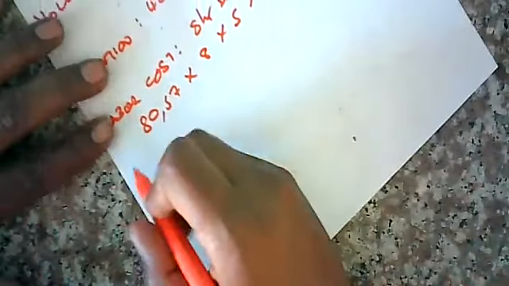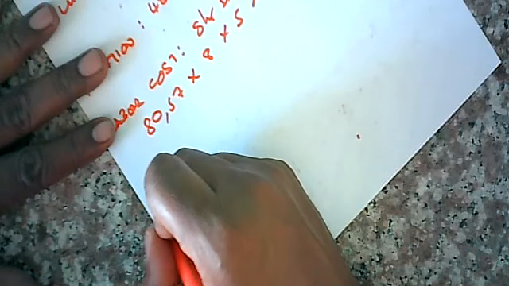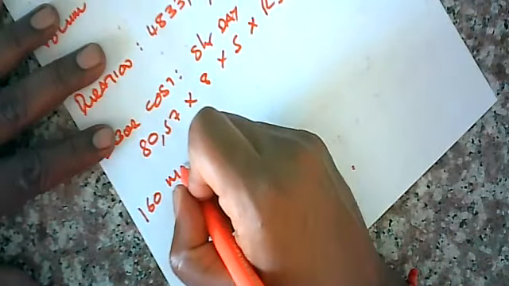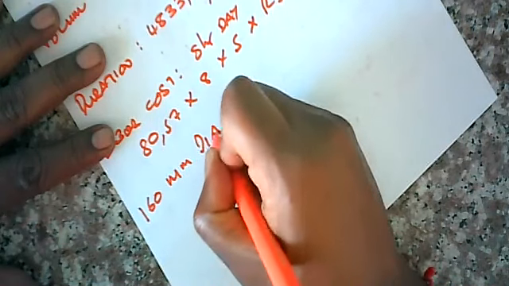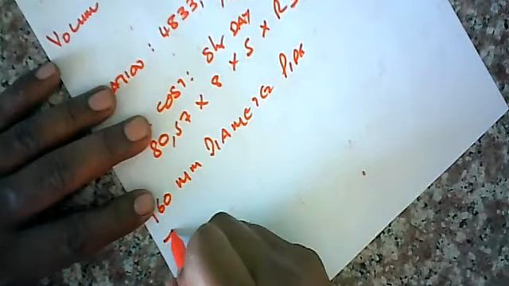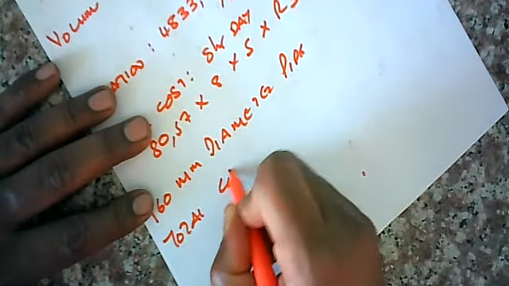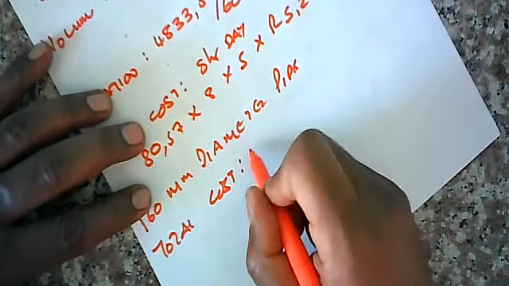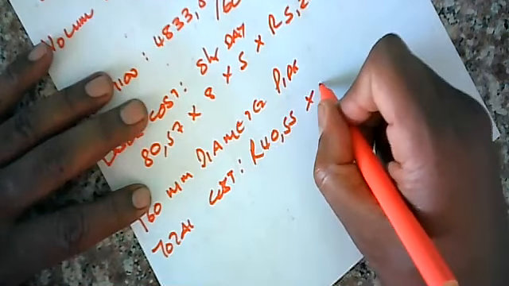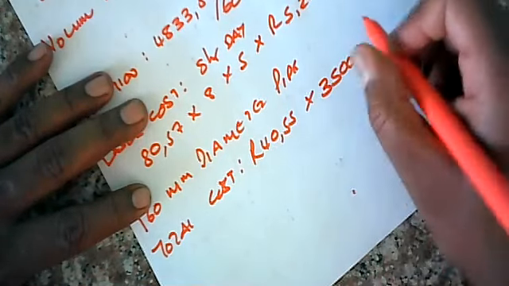All right, let's now bring in the next item that's costing on this job, the 160 millimeter diameter pipe. Right, how much does that cost? All right, let's say total cost, you're looking at 40 Rand and 55 as a given, times 3,500 meters.